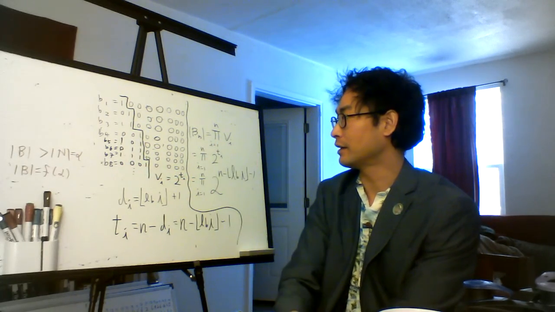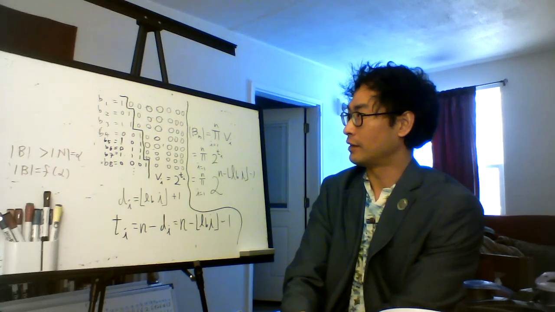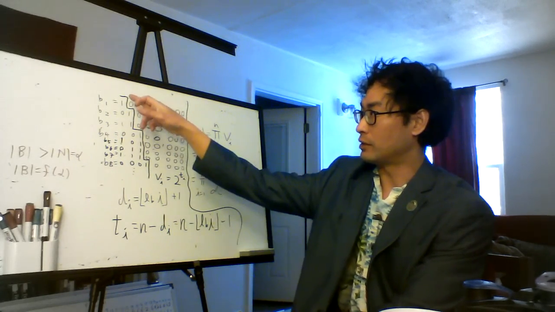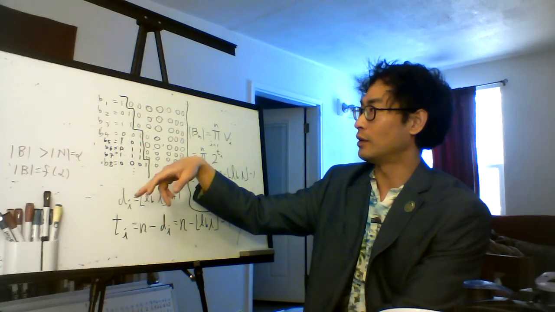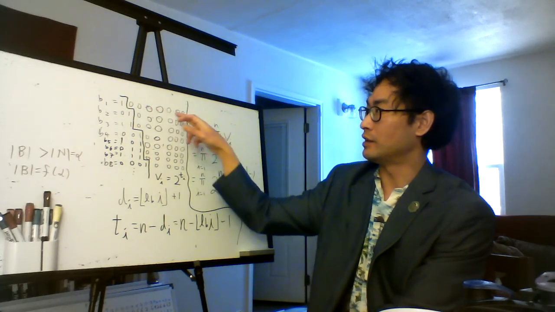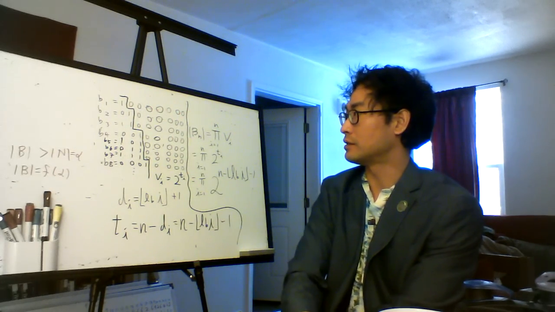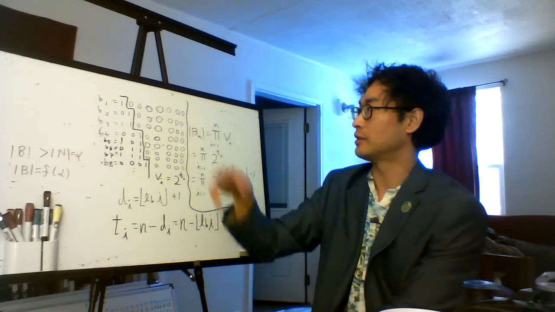Think of it this way: you have an n by n matrix, a binary string in each row of length n, n columns.